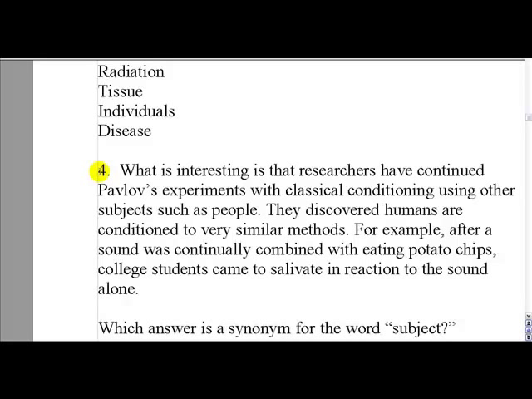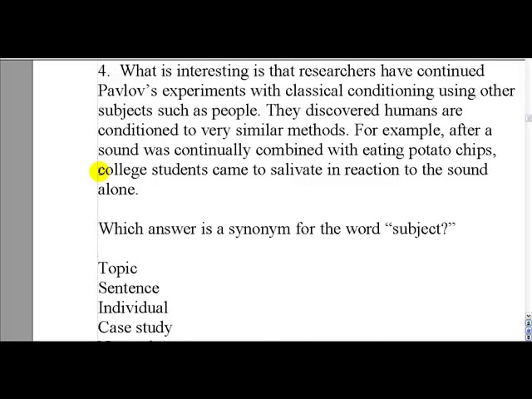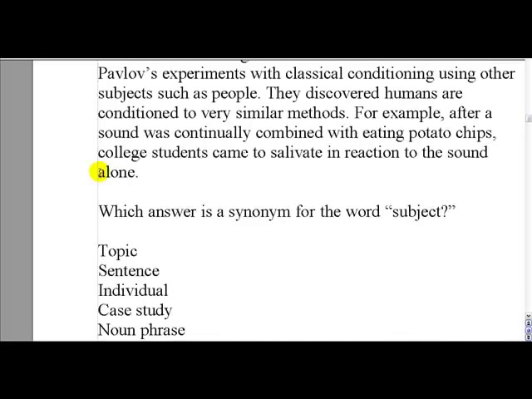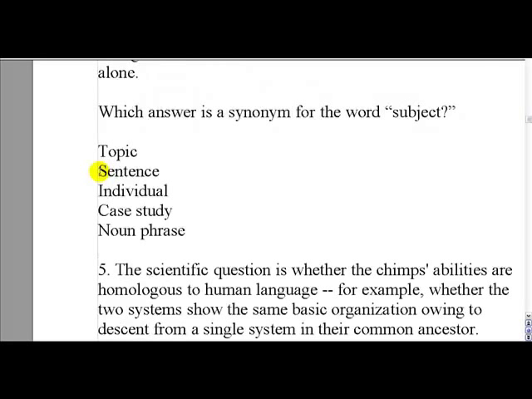So it says subjects, and then it says such as people, and people are an example of a type of subject, right? So that example kind of helps you understand that. Which answer is a synonym for the word subject? You have topic, sentence, individual, case study, or noun phrase. Of course, individual is going to be your best answer in this case. So it has to do either with a person or a thing. Because it says subjects and it says such as people, and people and individual are kind of similar, we'll pick answer choice C as the best answer.